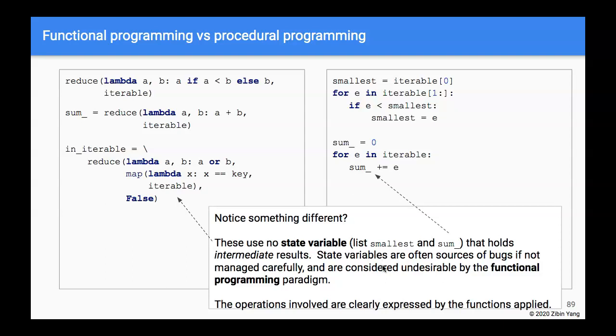Now, state variables, I don't know what your experiences are, maybe not in something as simple as this, but they can actually cause troubles and introduce bugs, especially if your loop is a little bigger, something more than a couple lines, and you may have more than one state variable in the loop.